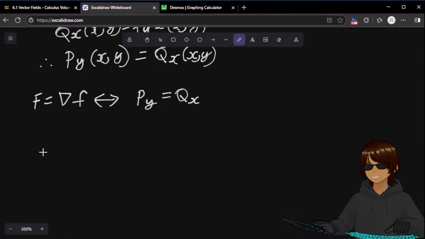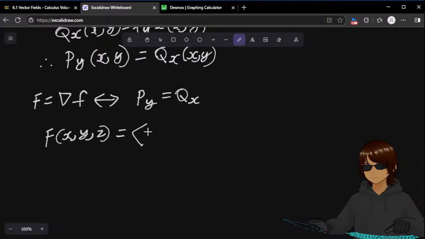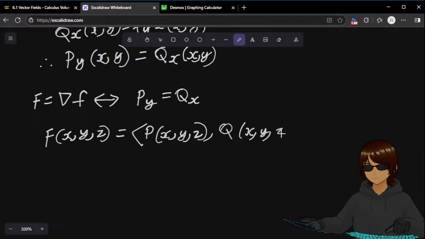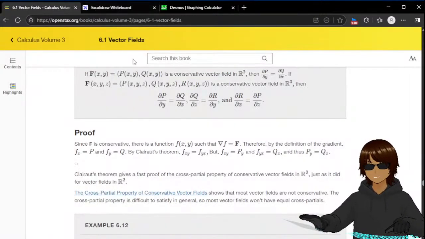And for three dimensions, if we have x, y, and what's the other variable?